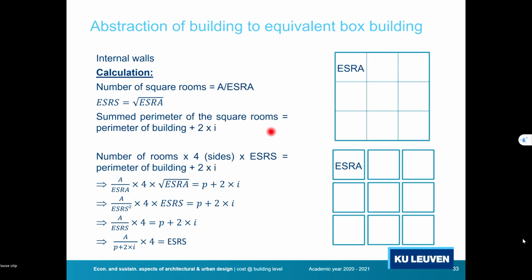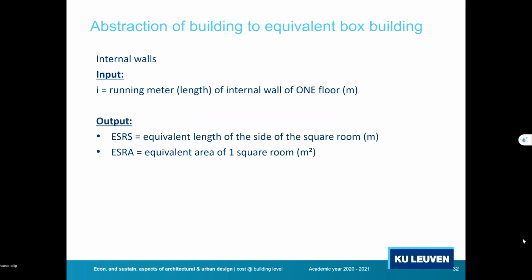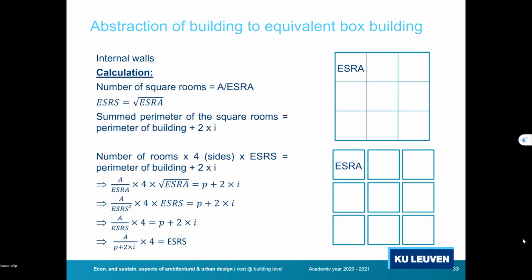So what we actually will do is subdivide the equivalent box building in rooms which all are squares and which all have the same size. The area of one such room we call the equivalent surface of one square room, and the side length is the equivalent length of the side of the square room. So it's the ESRS.